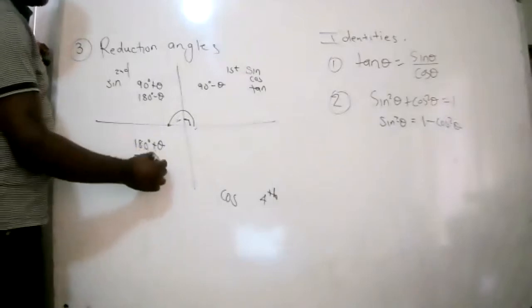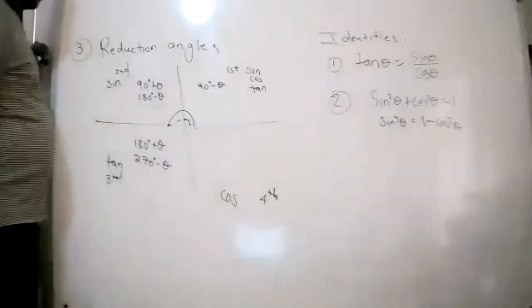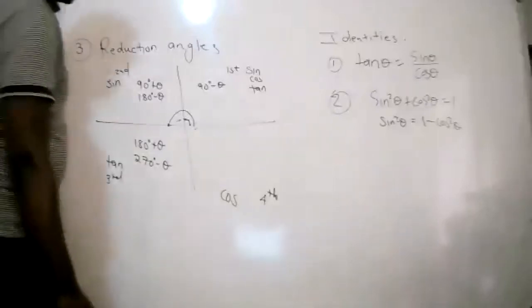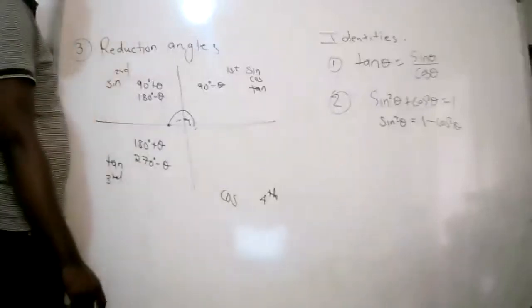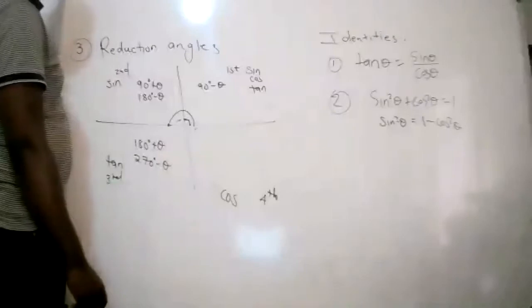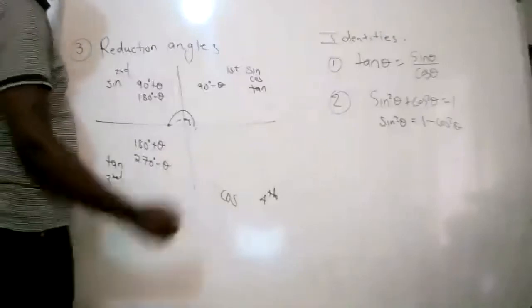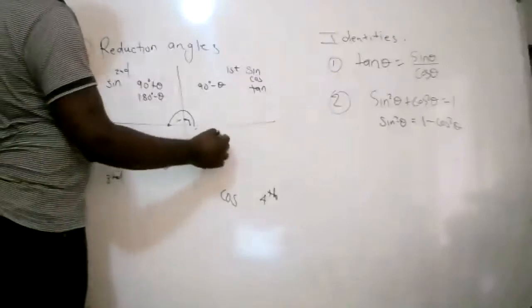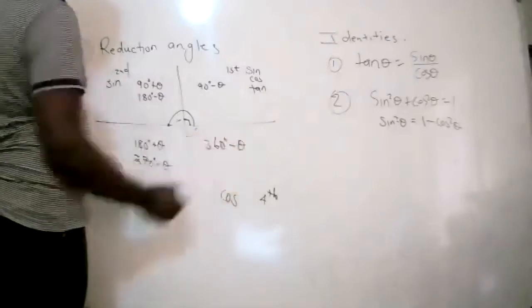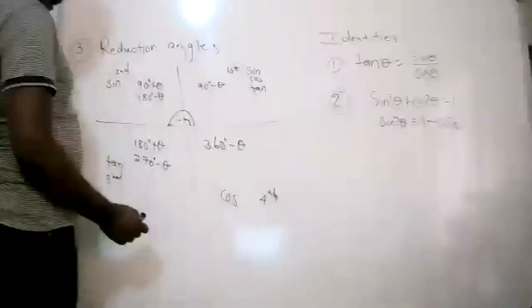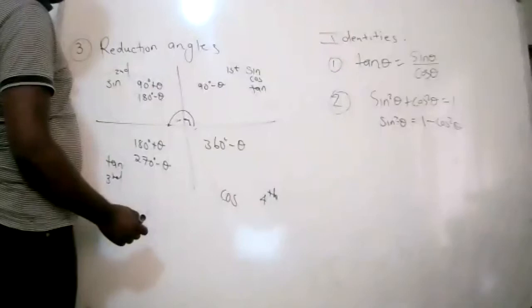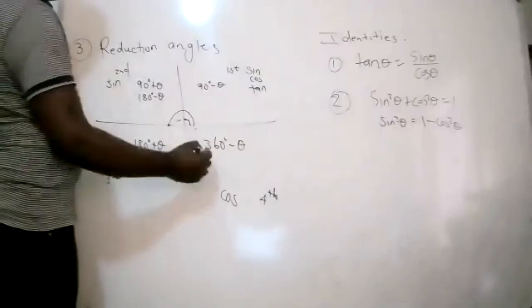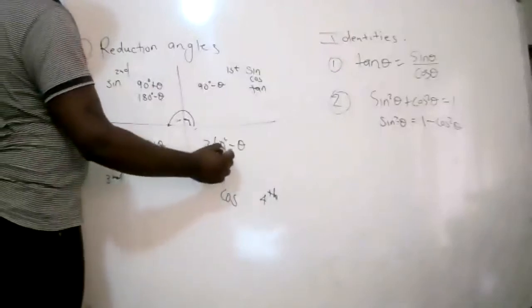Yes, it's 270 minus theta. Which other angles do we find? 360 minus theta. Yes. And then the other angle? 270 degrees plus theta. Yes.